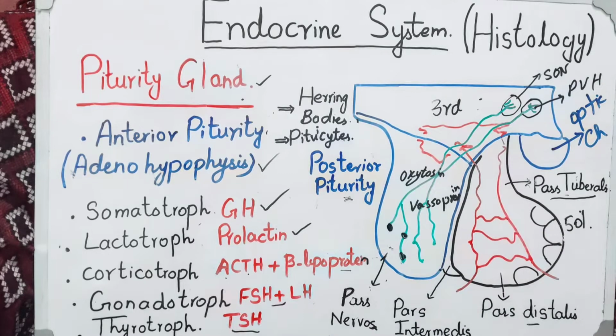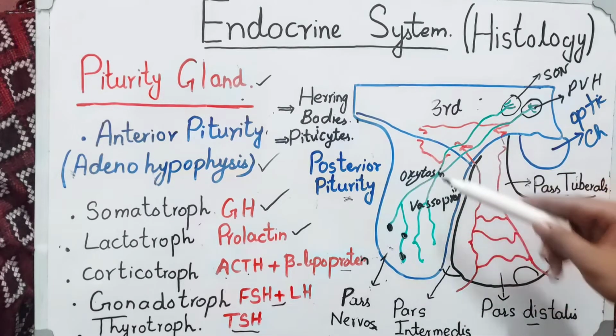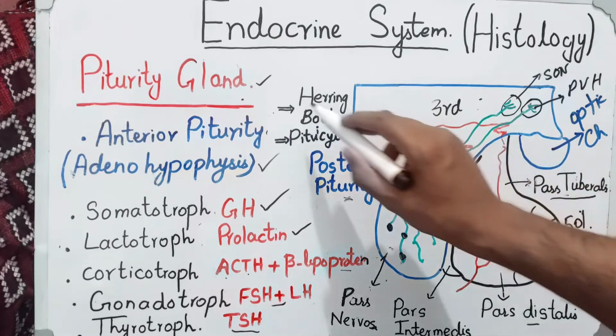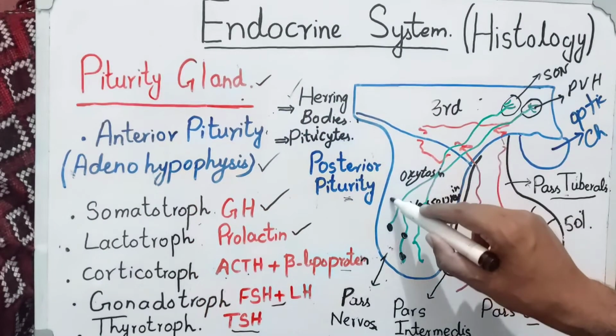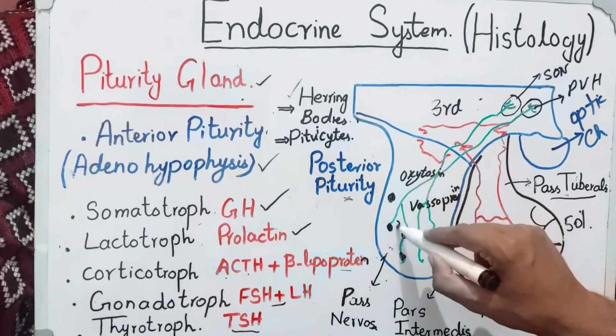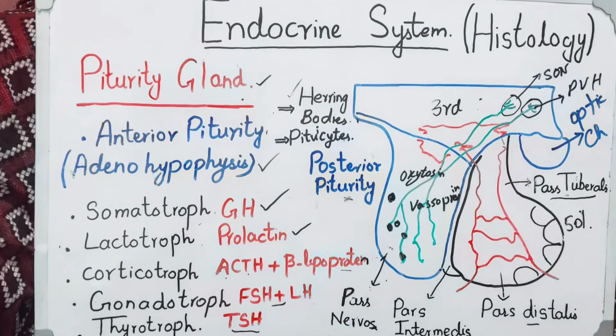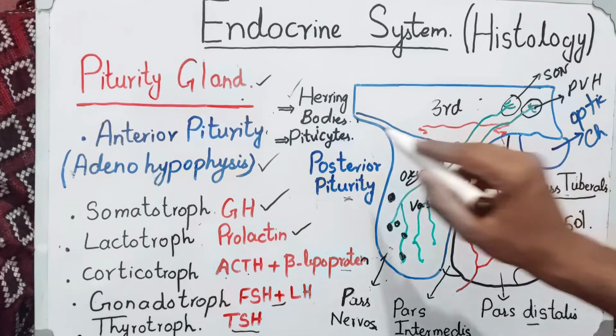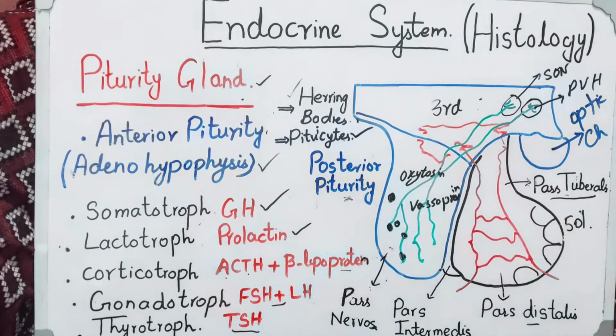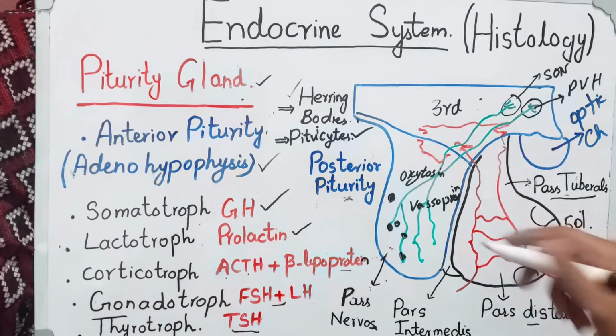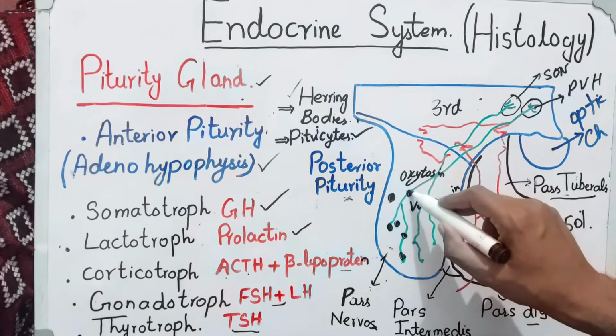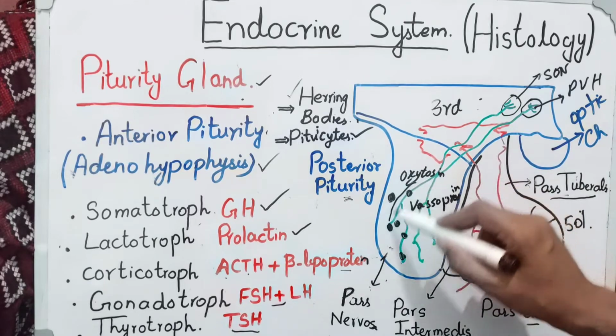Histologically, two types of structures appear in the posterior pituitary. Number one is the Herring bodies. Herring bodies appear in the posterior pituitary because these are mainly storage sites. Number two is the pituicytes. Pituicytes are mostly present among the unmyelinated neurons and mainly support this system.